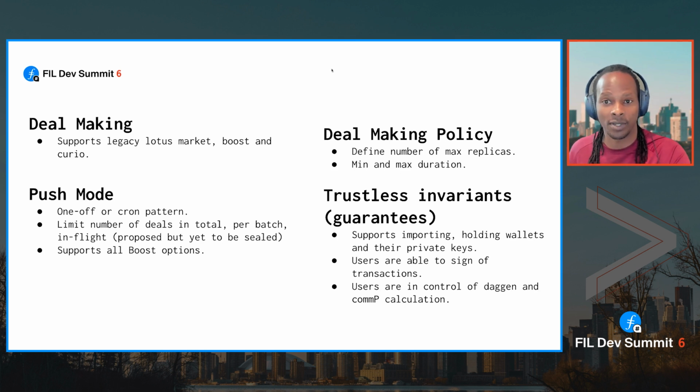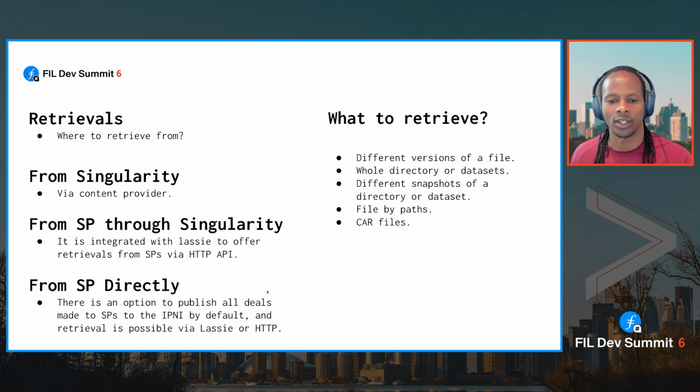And some of the enhancements we're working on will make this even easier, in such a way that users will be able to define deal scheduling templates, and then just select the template while creating your deals. The next important thing that Singularity supports is retrieval of data. You could be retrieving from an unsealed copy that the SP has.